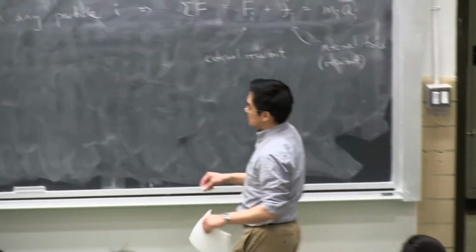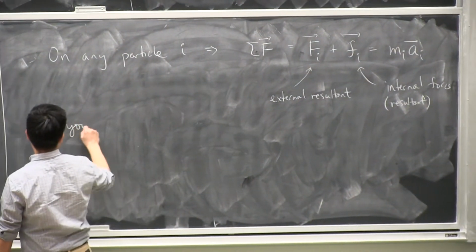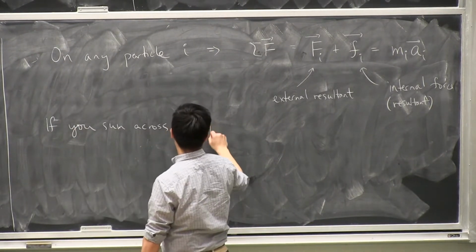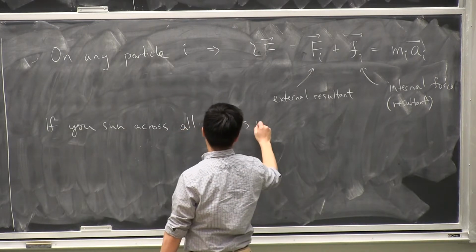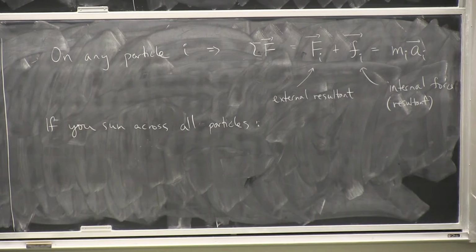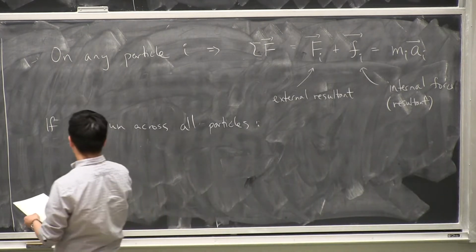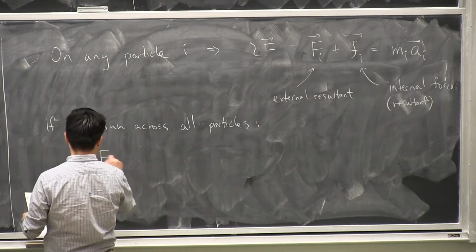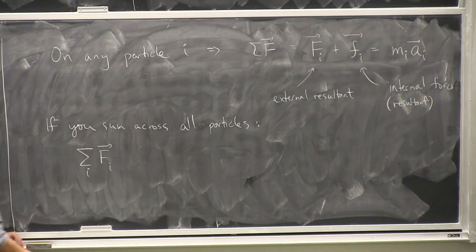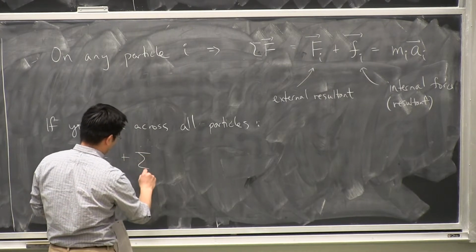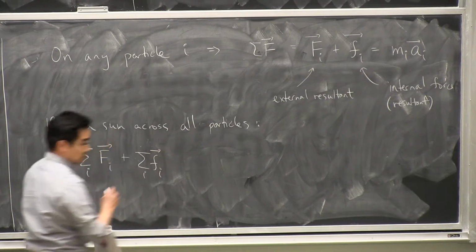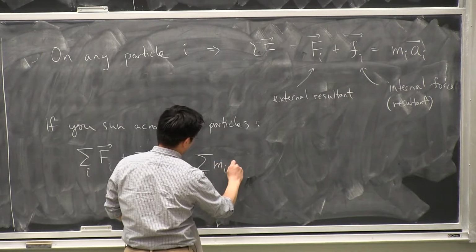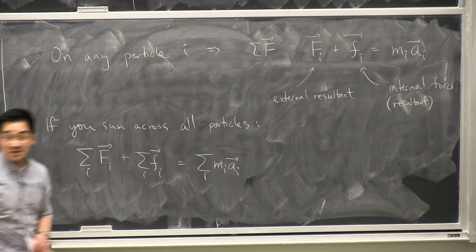Okay, and so what this means is that if you sum across all particles i, here's what you would get. You would get a sum across all i of all of the external forces, a sum across all particles i of all of the internal forces, and a sum across all i of all of the mi ai's.